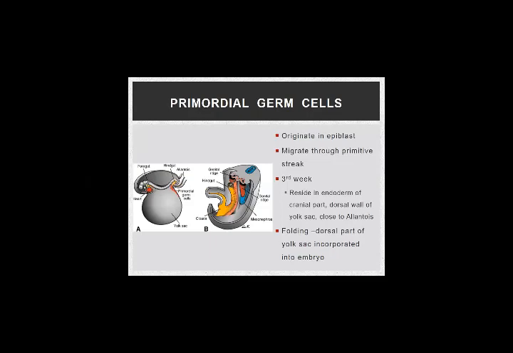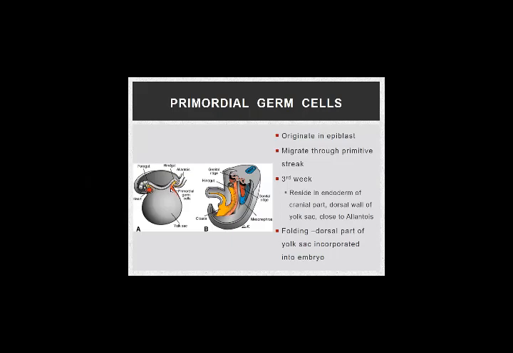This is the yolk sac, and this is the cranial end of its dorsal wall. The primordial germ cells from the epiblast, passing through the primitive streak, come to lie over here, in the endoderm of the cranial part, dorsal wall of the yolk sac.